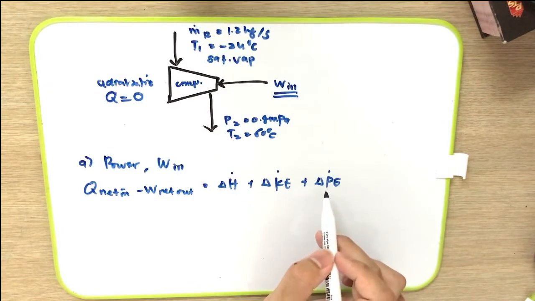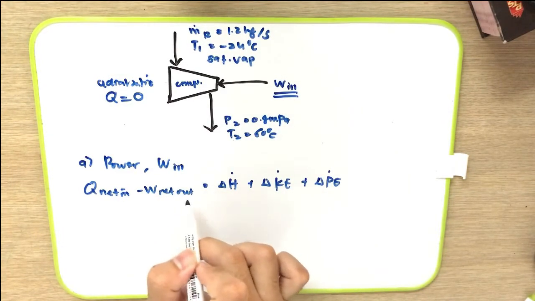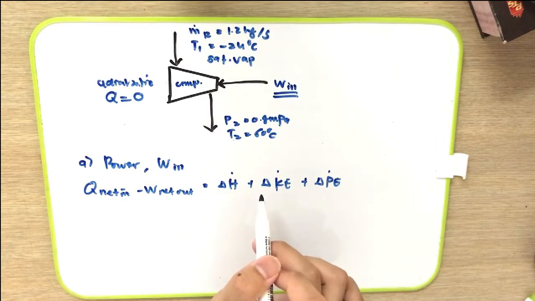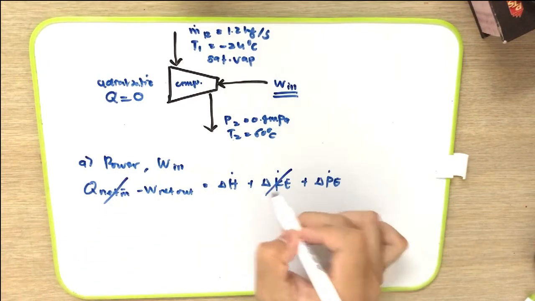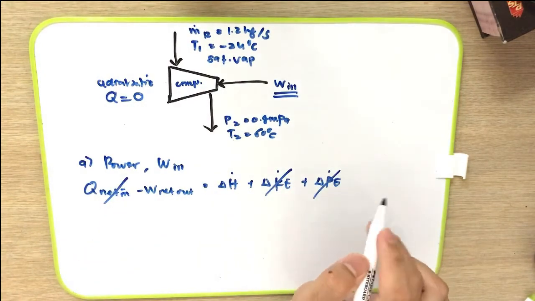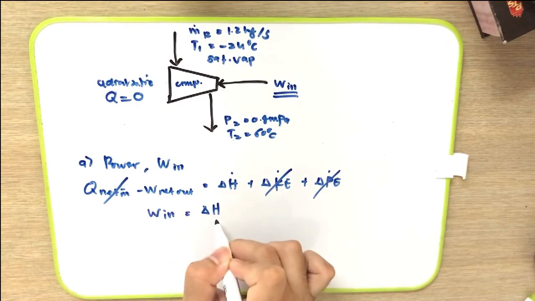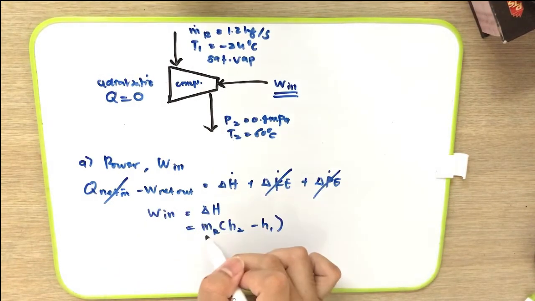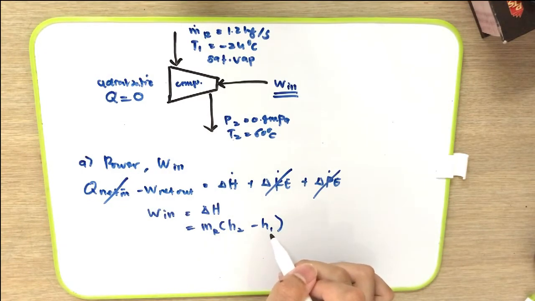From the first law of thermodynamics for open system, we can find the W. But before that, we have to neglect the unnecessary terms. So from this equation, we can neglect Q, KE, and also PE. So now it can be simplified into W in is equal to delta H. It is equal to mass flow rate of refrigerant multiplied with (h2 minus h1).